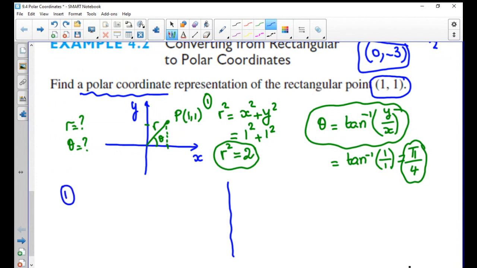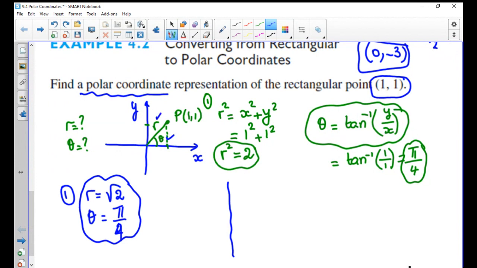So first, I could say r is square root of 2 and theta is pi over 4. These are polar coordinates of the point (1, 1): 45 degrees, square root of 2. Another representation is to say r is minus square root of 2, but this time theta will be on the other side.